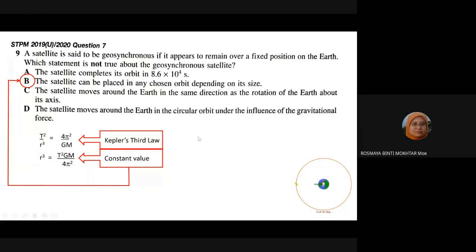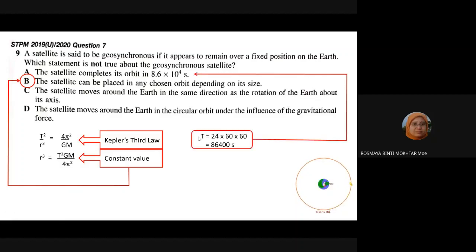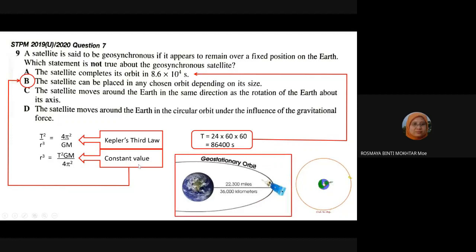Any question for this question 9? Here, if you convert 24 hours to seconds, you get about 8.6 times 10 to the 4 seconds. And then the answer for R is about 36,000 kilometers.